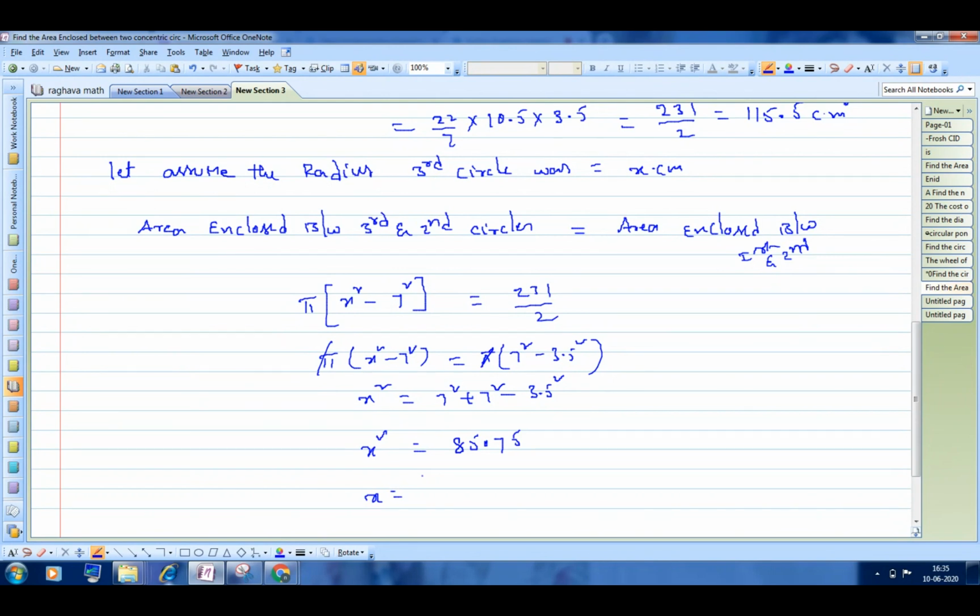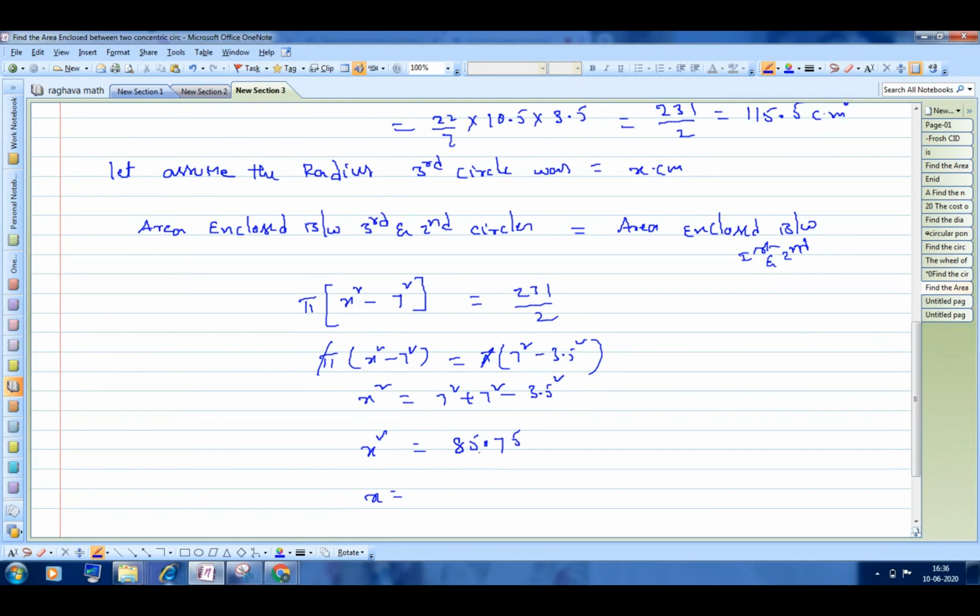Anyone? Even if it is under the root, also not a problem. What is the answer?